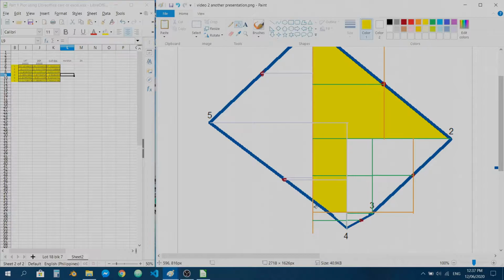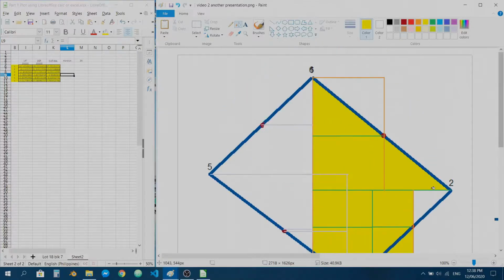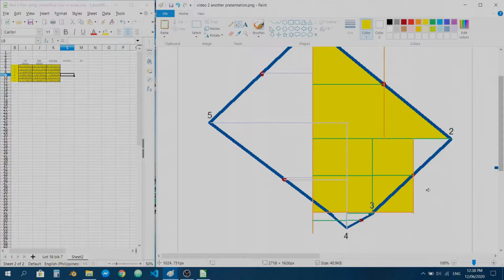So that's the area that is covered by multiplying the meridian by the latitude. Again, just like in line 1 to 2, this part is not actually part of the polygon we are trying to compute, but this one.